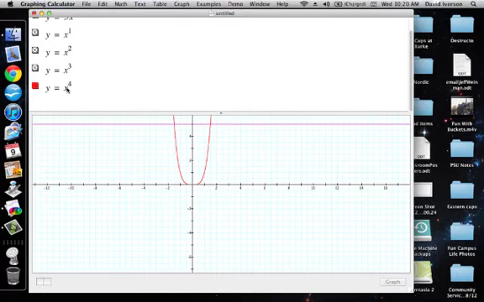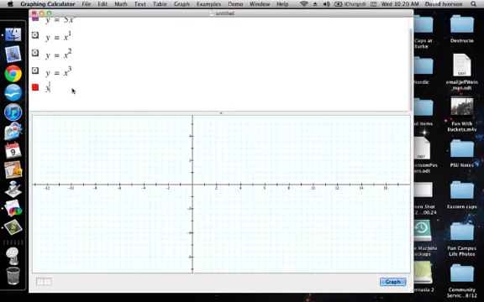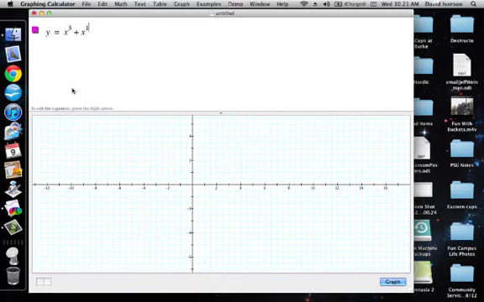Okay, so then we got to play around with that a little bit more and look at some other things. So if I've got y equals x cubed plus x to the 1st, this is an odd function and this is an odd function, and an odd function plus an odd function gives me an odd function.